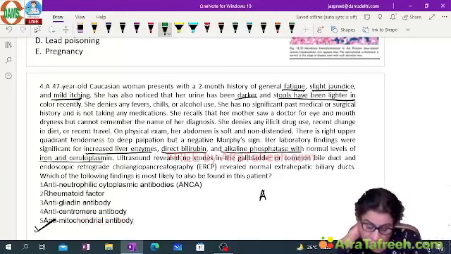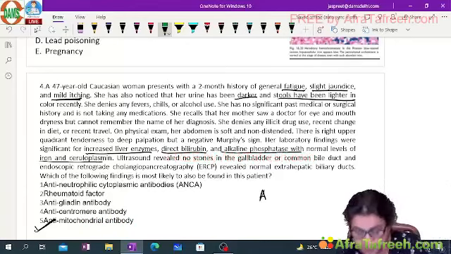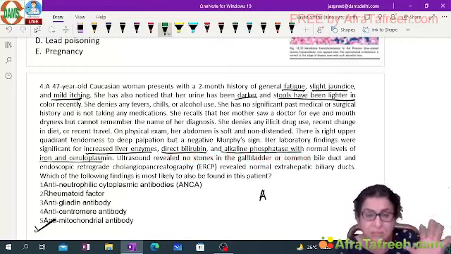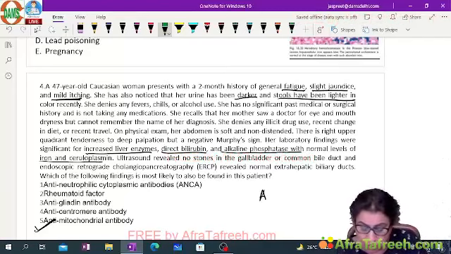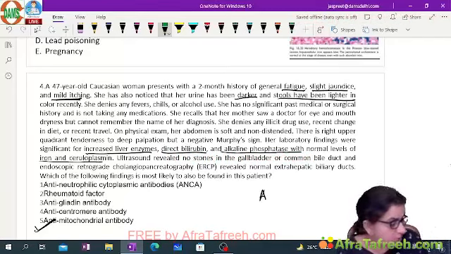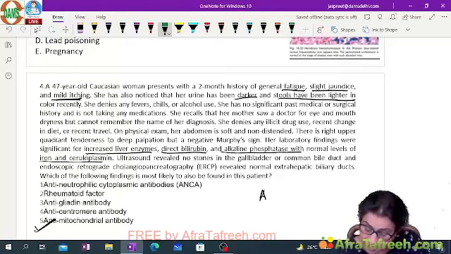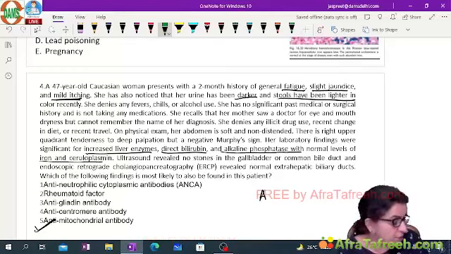So now look at your options. This is a patient who has an autoimmune disease. This is a bile duct disease. There is a history of some autoimmune disease in the mother also. She is presenting with features of obstructive jaundice.